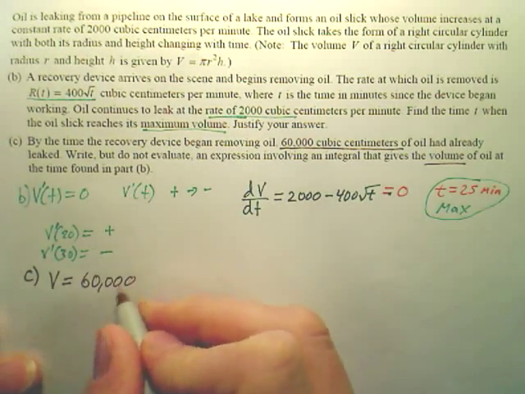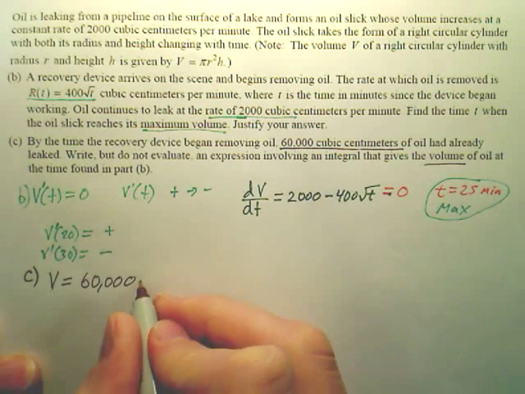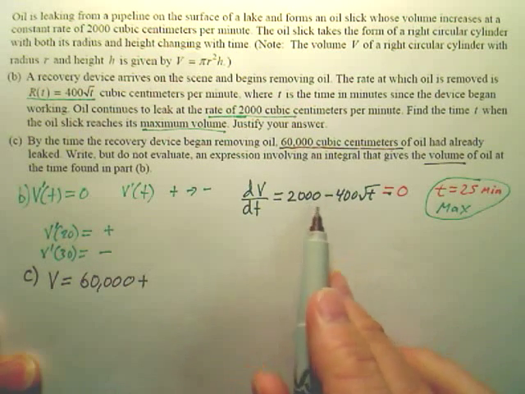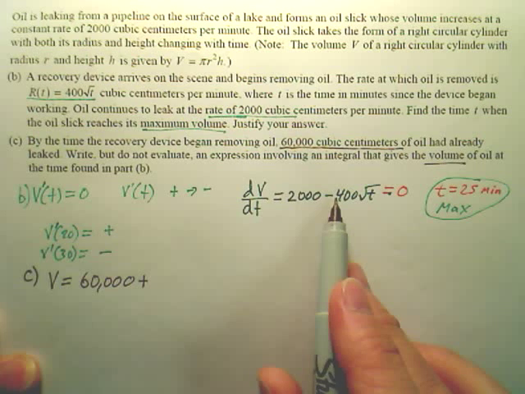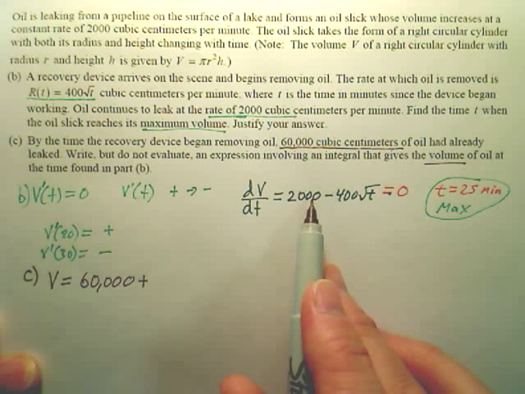We know it's going to start off at this amount, correct? And then from there, aren't we still going to be adding? Isn't oil still coming in? Isn't this the rate at which the oil is coming in? If this is the rate at which the oil is coming in, how do we find out how much volume it is? Well, if this is a rate of volume, can I integrate that to get the amount of volume?